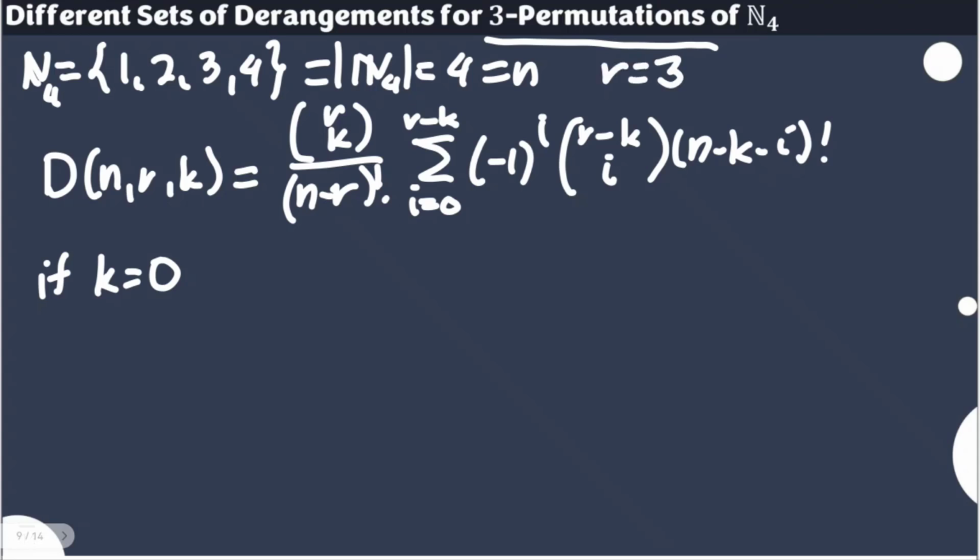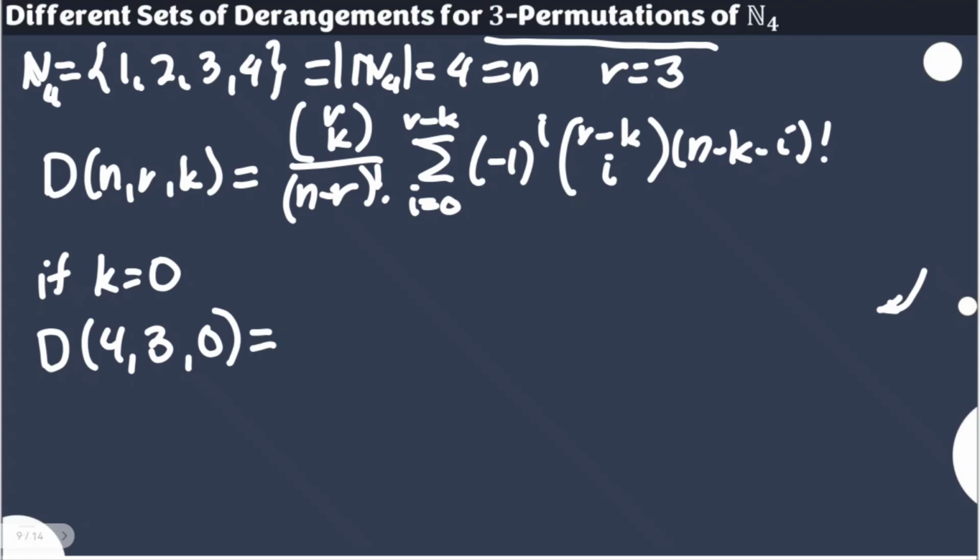Unlike the previous video where for 3 objects, we have the 3 permutations of that. So here, let's solve first for 3 and then 0. How many permutations in N4 where there's no fixed point, and this corresponds to the derangements?